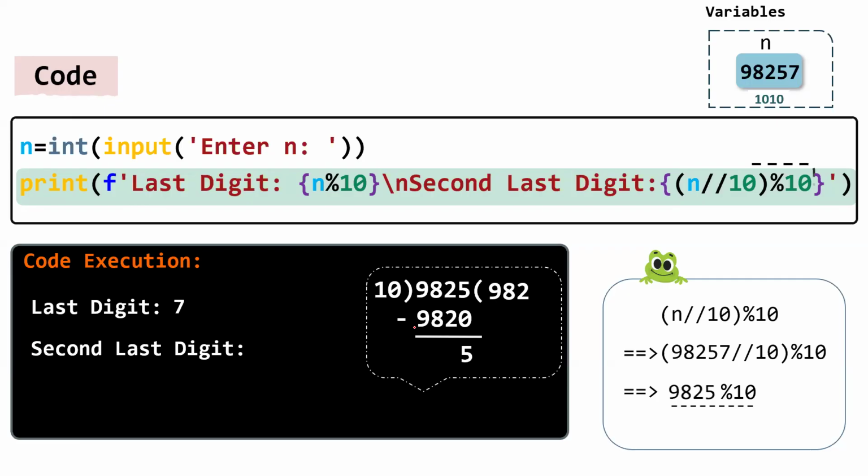That's why floor division instead of float division, a double forward slash. Can you create a formula to find the third last digit? Give me the formula.